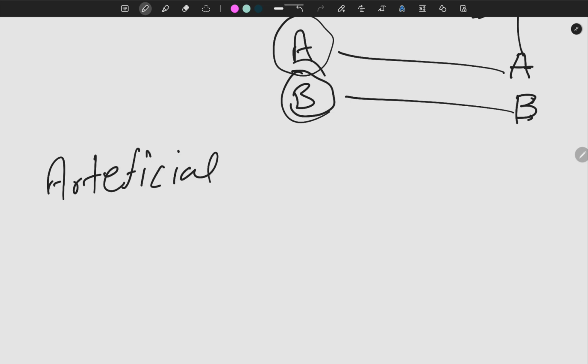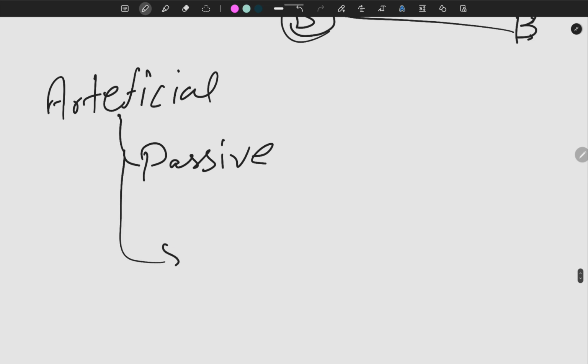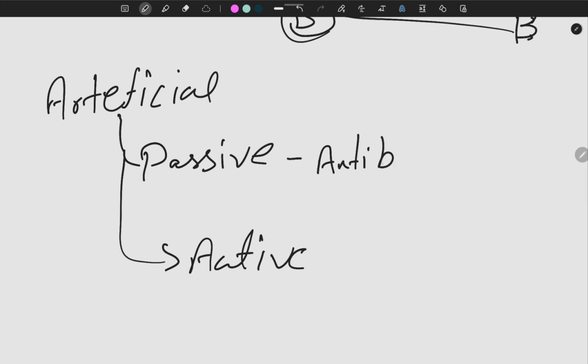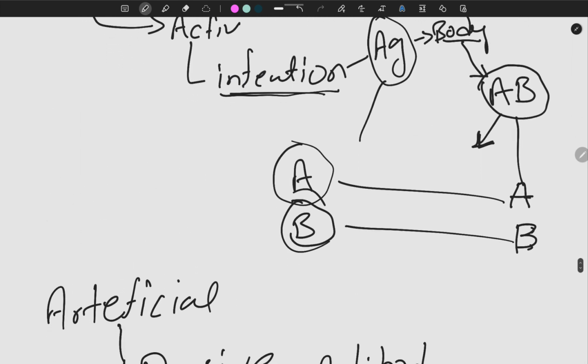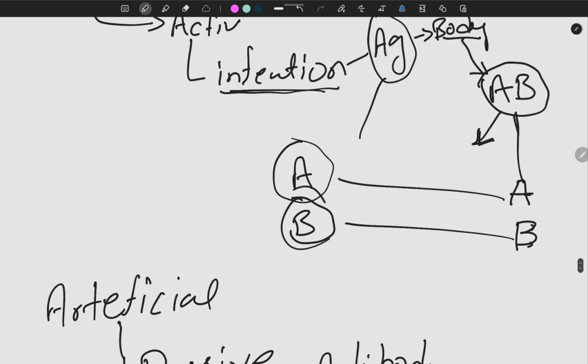In artificial immunity, we have passive and active. Passive immunity is nothing but we are artificially giving antibodies that are already made. In natural immunity, the antibodies are produced by the body.